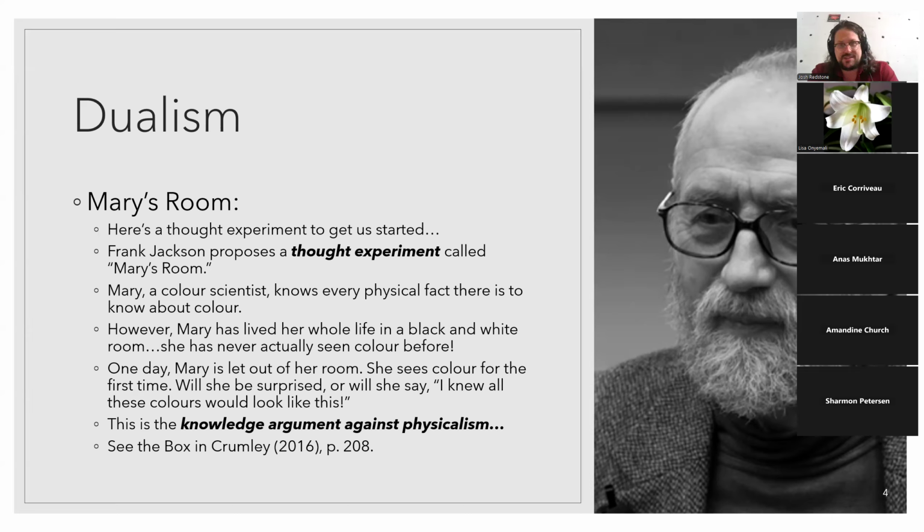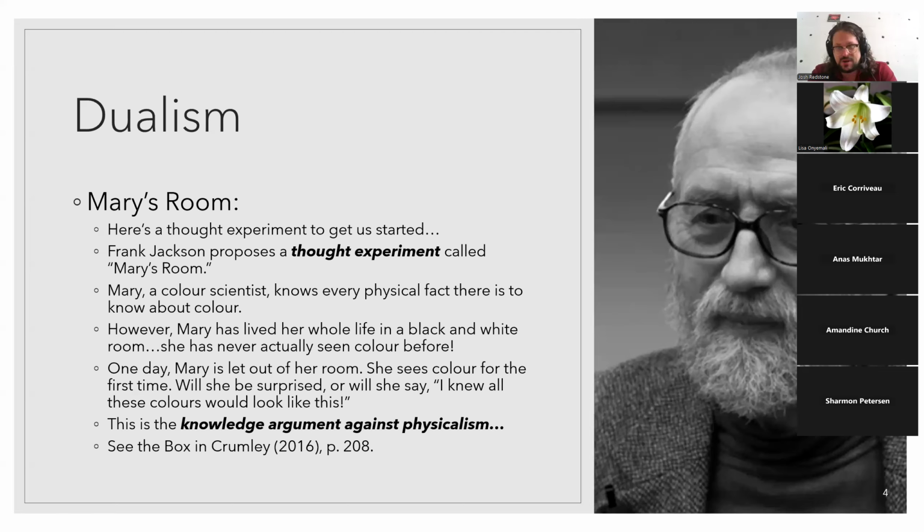But Jackson at the time said, if we think that Mary will be surprised, that means there must be something beyond just physical facts. So if Mary knows all of the physical facts, and then she's surprised by how red looks, that means there must be non-physical facts. So that means that physicalism must be false.